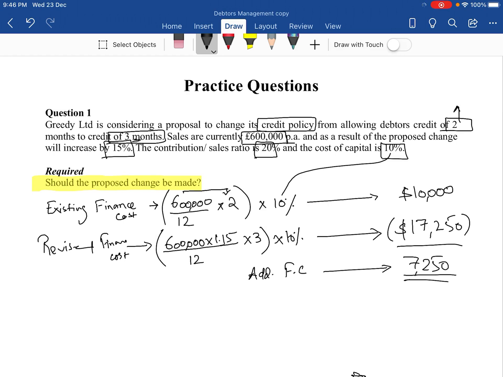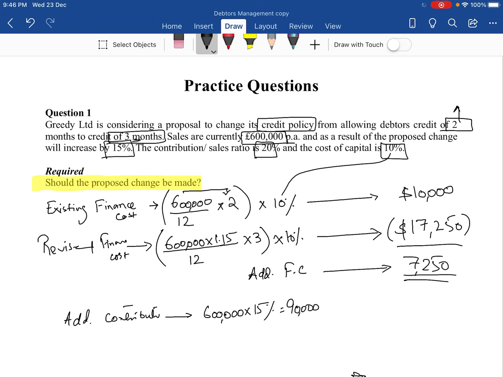So if the company implements this change, it is going to have an additional finance cost of 7,250. Now this is going to be compared with the benefit that this extension in credit period is going to give to the company, and the benefit is in the form of additional contribution. The existing sales figure is 600,000, which will result in additional sales of 15%, and that is going to be $90,000.